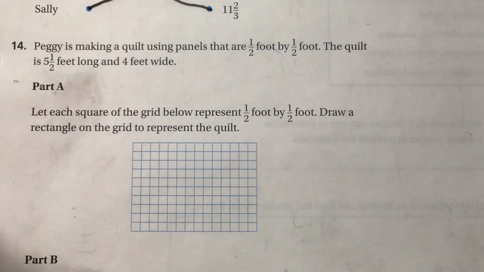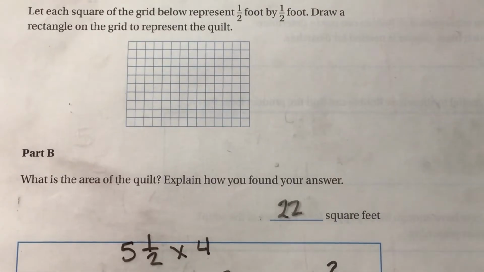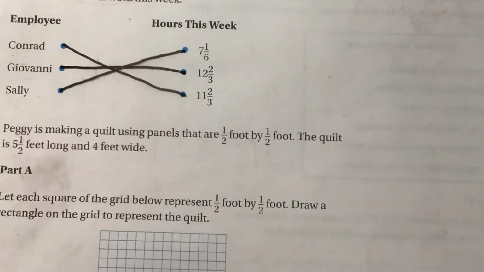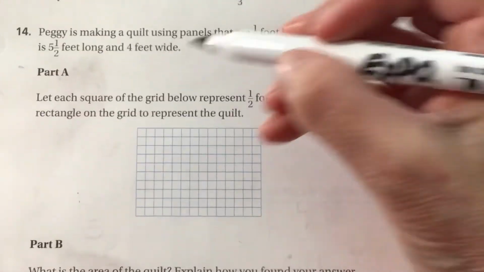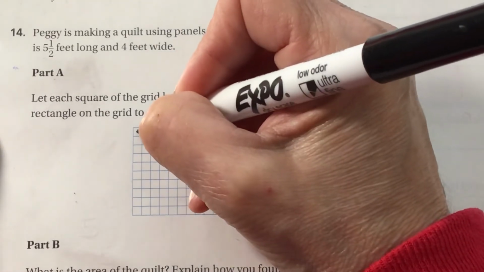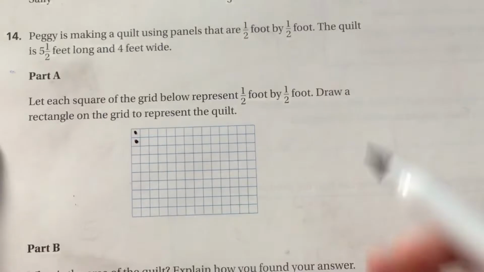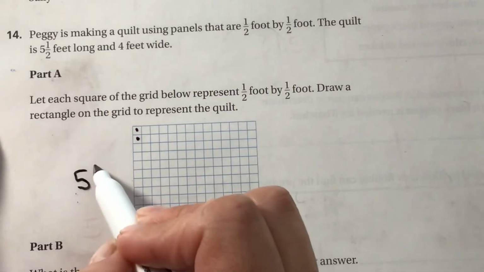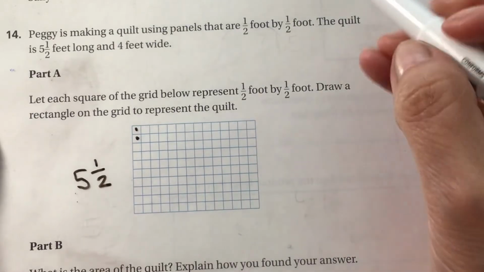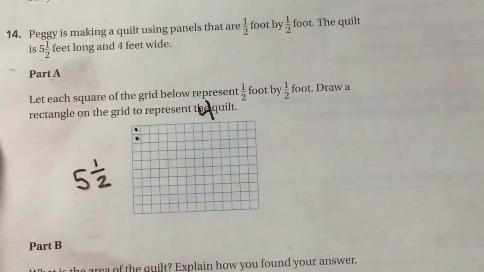Now, my answer down here is going to help me out here, because I know that one side is 5.5 feet. Now remember, each one of these little tiny boxes is going to be 1/2 foot. So if I combine this one and this one, it's going to be 5.5 over here, and this is going to be 4.